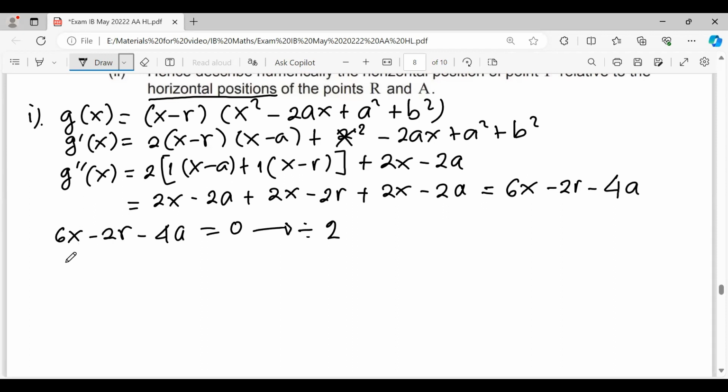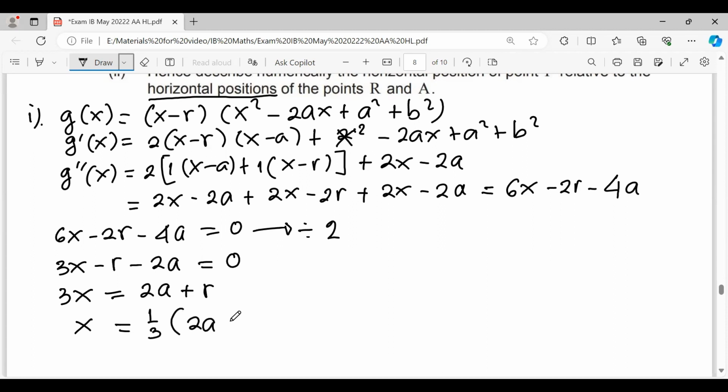So it's going to be 3x minus r minus 2a equals 0. So it becomes 3x equals 2a plus r, or x equals 1/3 times (2a plus r). Okay.